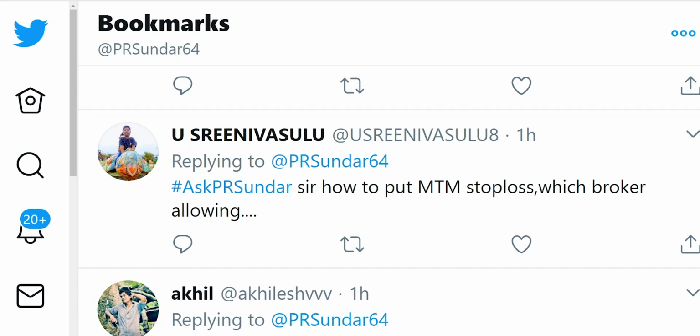Srinivasulu, how to put MTM stop loss, which broker is allowing? I think he is asking, instead of putting stop loss for an individual script, for a stop loss for the entire folio. As far as I know, there is no such system, but in your trading terminal, you can just choose all the open positions.